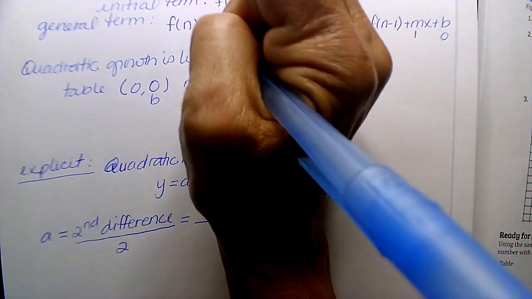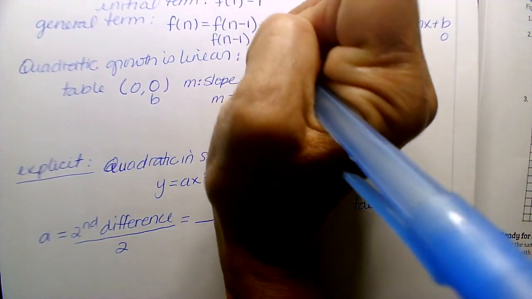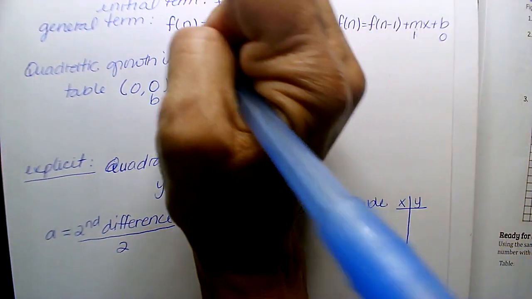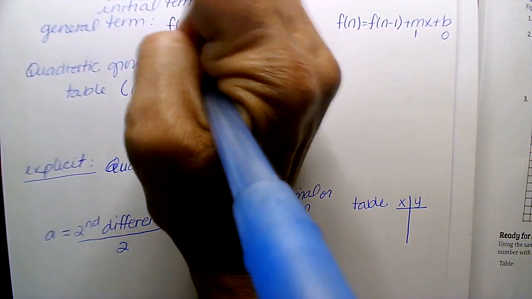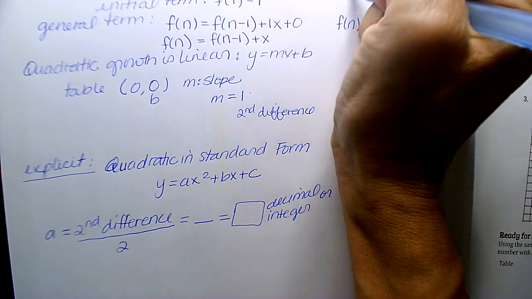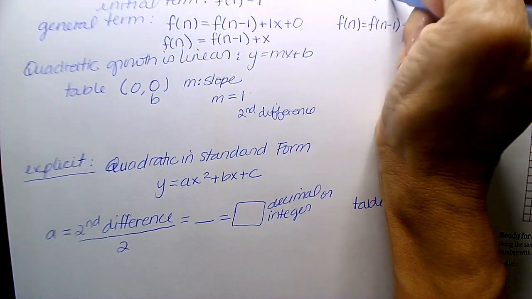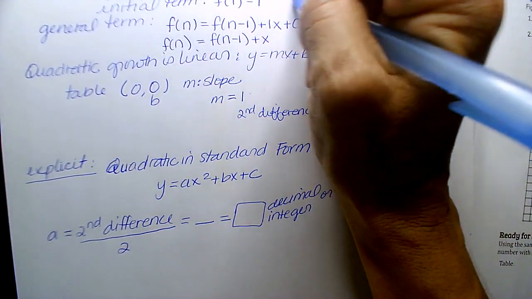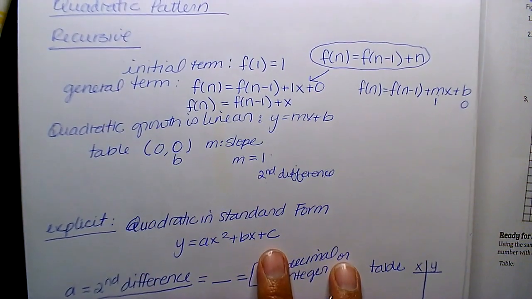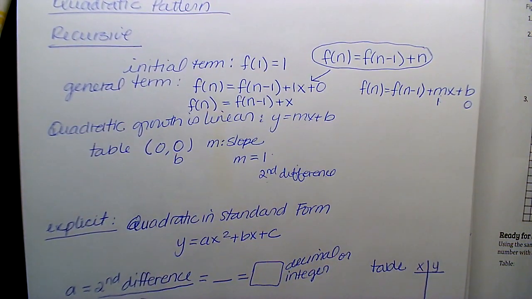So you can write the plus 0. Or you can just write f of n minus 1 plus x, or, it should be an n. Yeah, I got f and n's, you guys. Okay, plus n if we want to keep the same lettering. You guys won't get docked if you do this. Because you're thinking mx plus b, and then we're putting n's, and then you're like, oh, she's going to dock me.